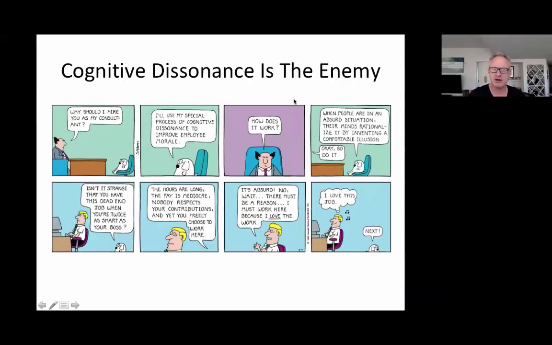This is a fun little Dilbert cartoon. I'll let you read it for a second. But it talks about the concept of cognitive dissonance. Scott Adams, the author of cartoons, the Dilbert creator, put out a book recently, which I highly recommend.